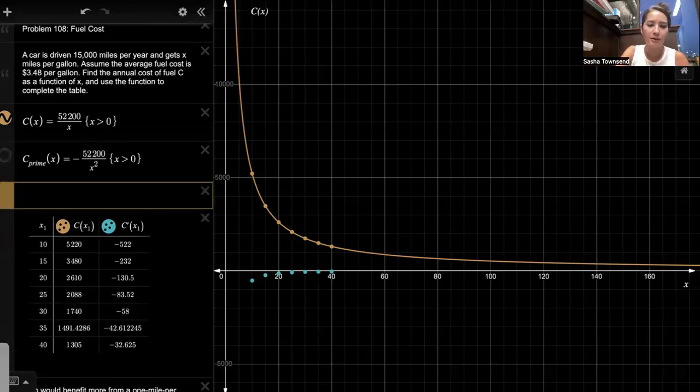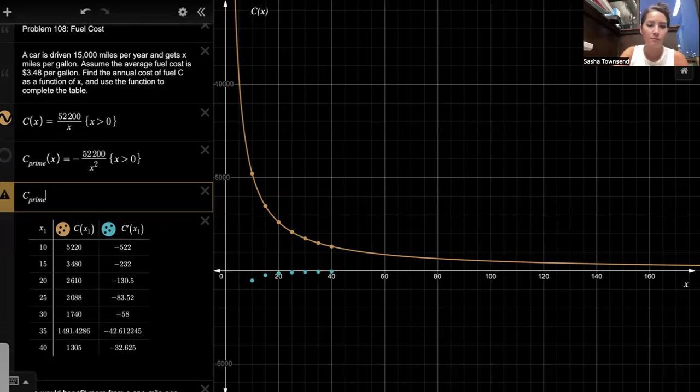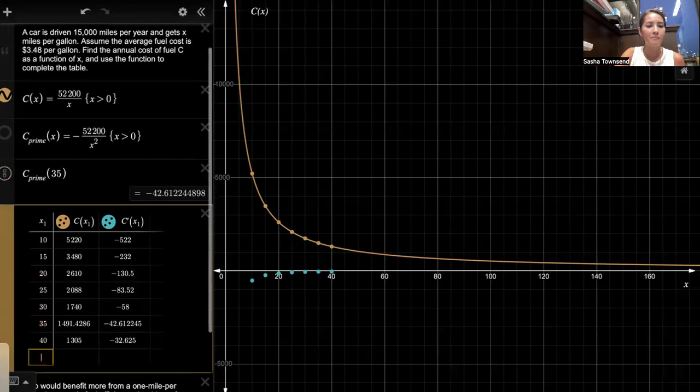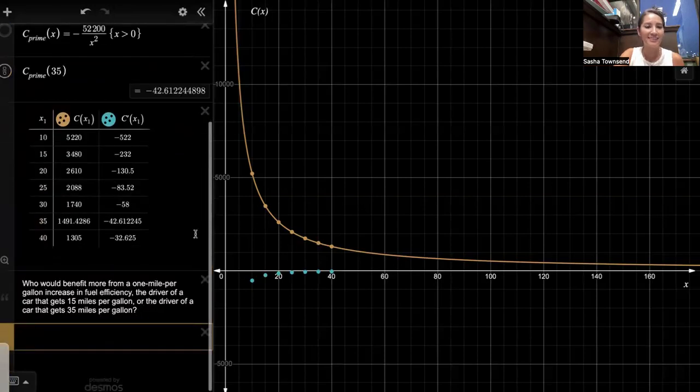Then we could do that for another value of x as well. We save $42 per year if our car goes from 35 miles per gallon to 36 miles per gallon. So if we want to, we can graph this function C prime. It passes through those points.